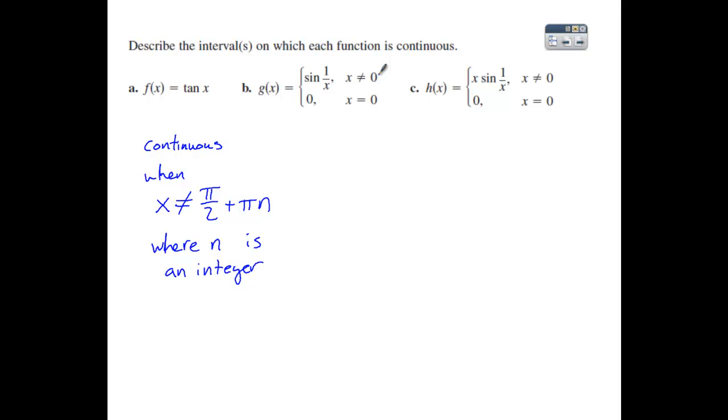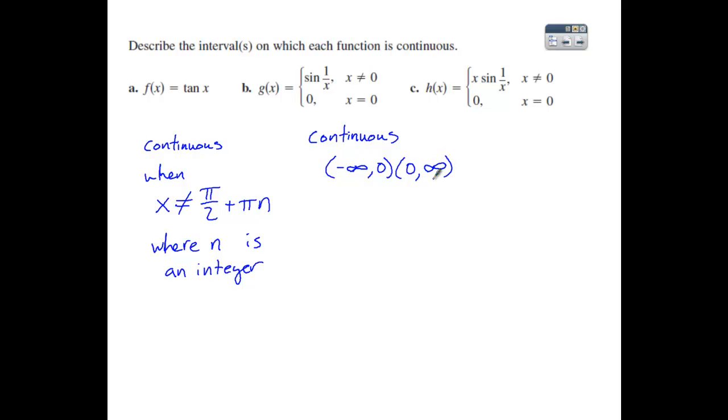And so I can't plug that hole. It's not a removable discontinuity. So it is discontinuous at 0, regardless of whether I have a value there or not. So this function is going to be continuous on -infinity to 0, and then 0 to infinity.